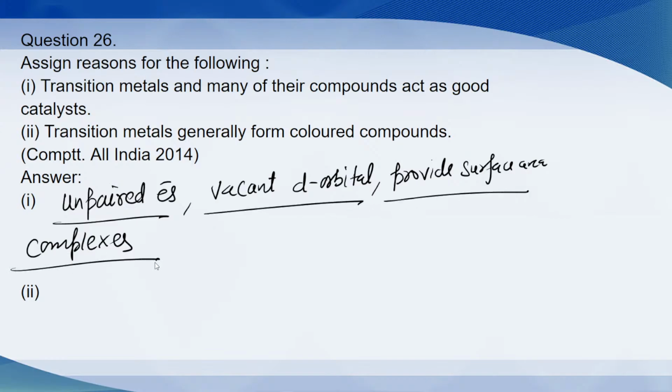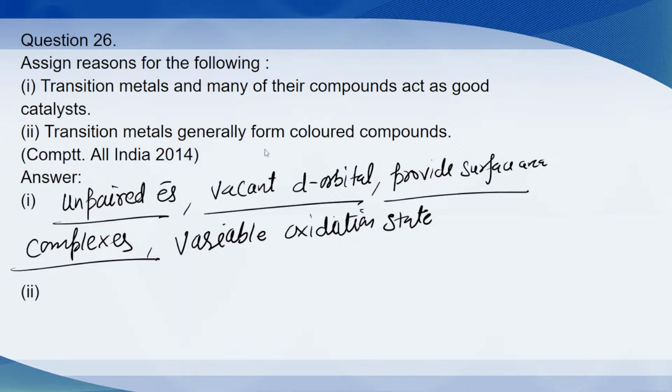That's why they can form intermediate compounds. And yes, they have variable oxidation states. That is also one of the reasons. So these are the characteristics of transition metals as well as the reason for transition metals and their compounds to act as good catalysts. You will write all this.